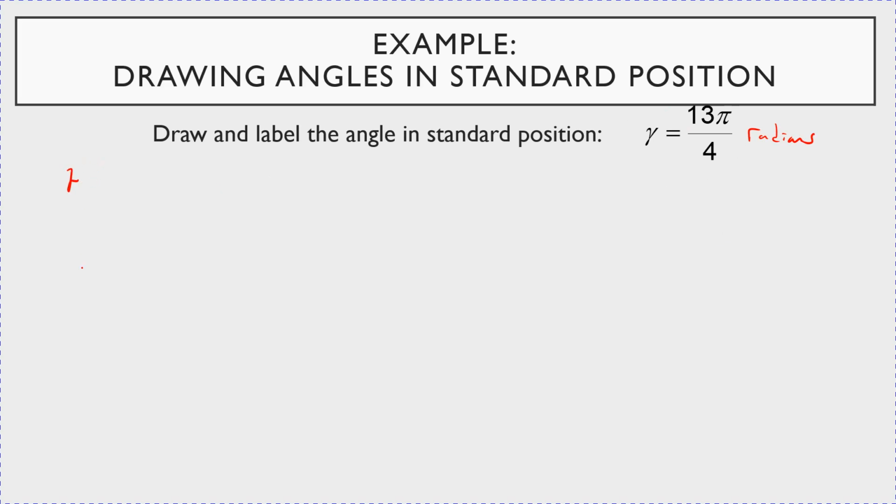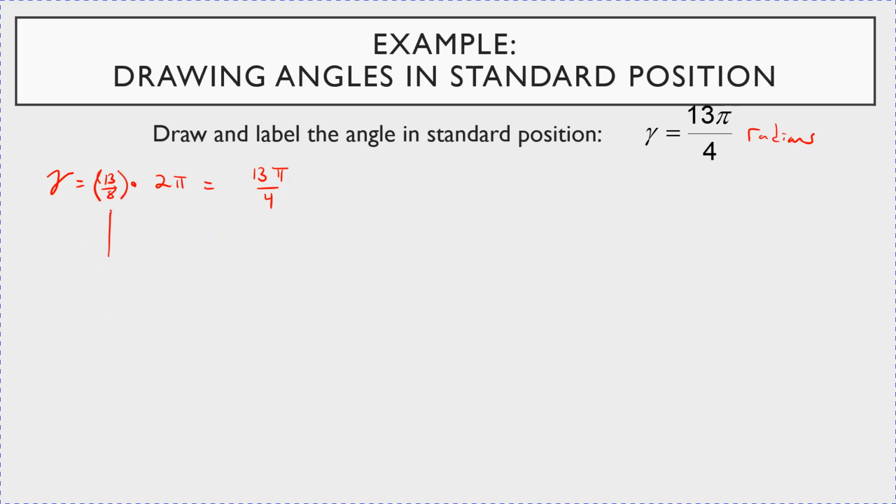Really poorly drawn Greek letter there. What do I have to multiply 2 pi by to get 13 pi over 4? That's the trick. You would actually have to multiply this by 13/8.